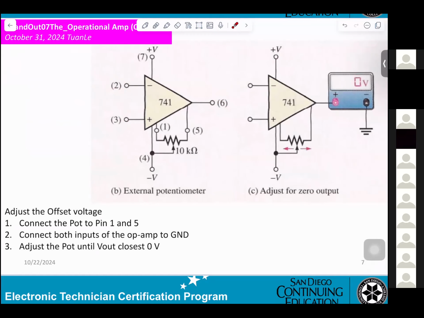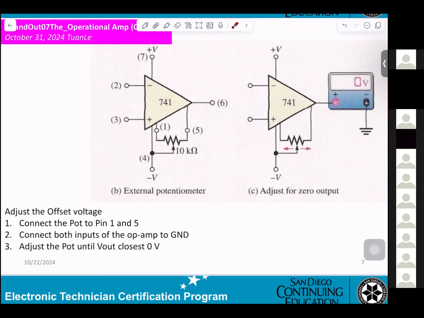However, if it's not 0, then what you need to do is connect pin number 1 and pin number 5 to a variable resistor, so you can adjust this variable until the output is 0.